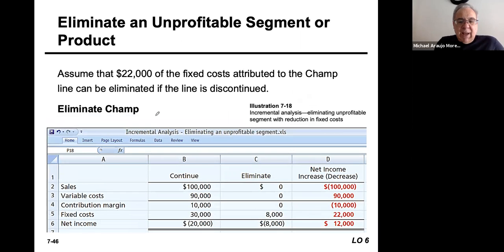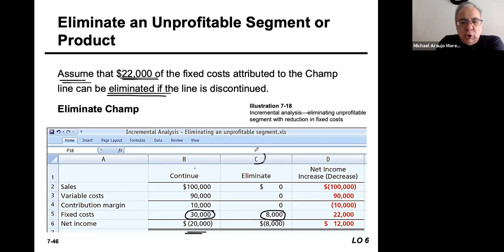Woo-hoo. Now, there's another assumption here. Let's assume that $22,000 of those fixed costs that Champ had can be eliminated. So they totally go away. So the fixed costs go from $30,000 to $8,000. So instead of them all being the same, it's actually reduced. Well, if we continue the line, we'd still lose the 20 grand, as you know.